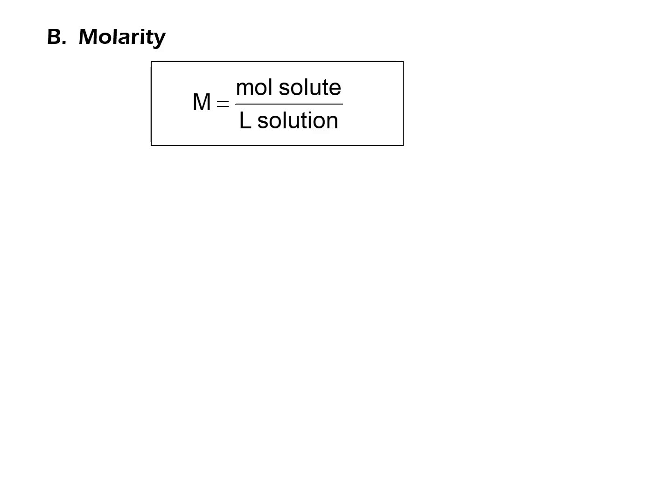Notice a couple things. There's no multiply by 100 because this is not a percent, okay? Second of all, it's moles of solute on top, and it's liters, not just any volume, it's exactly liters of the solution on the bottom. So moles over liters is what molarity is.